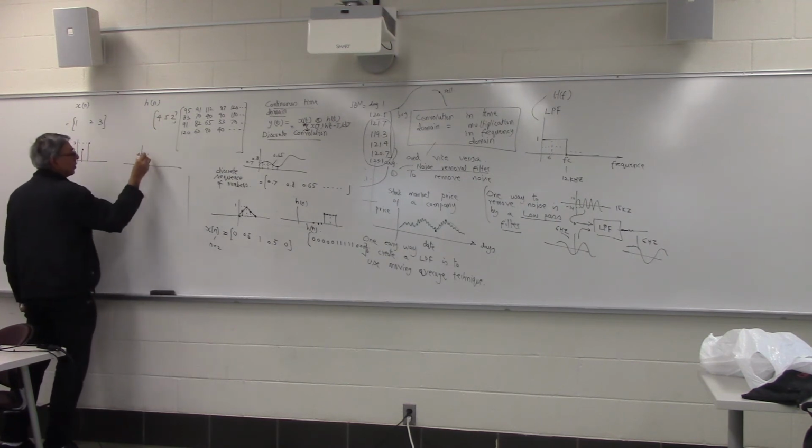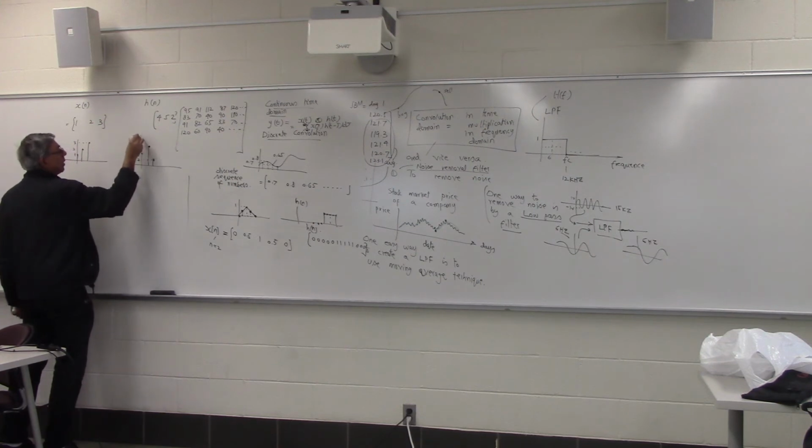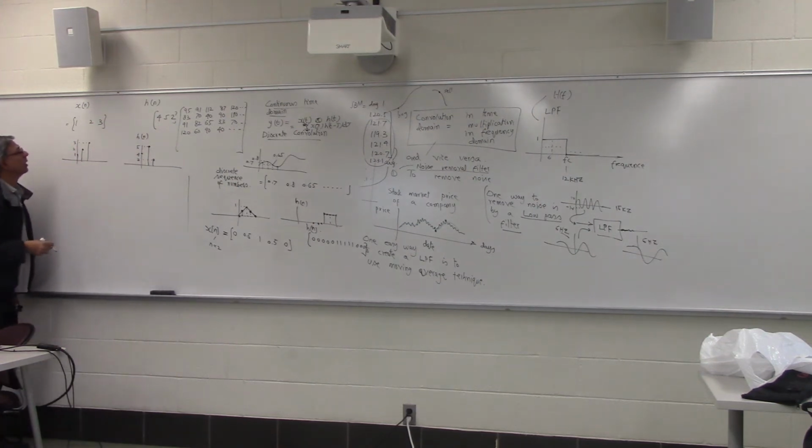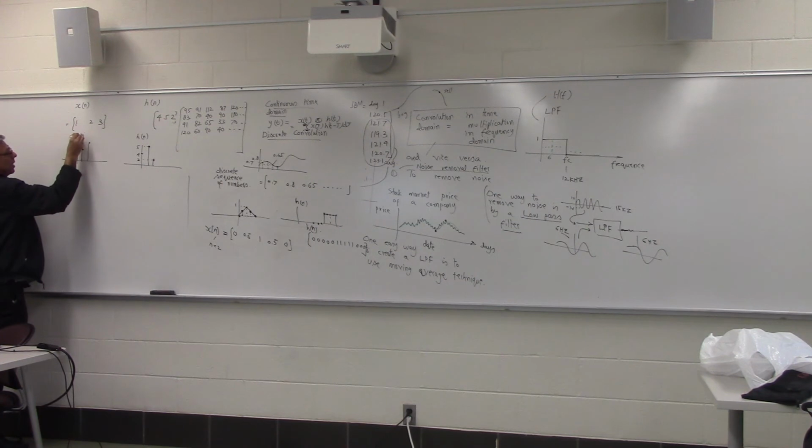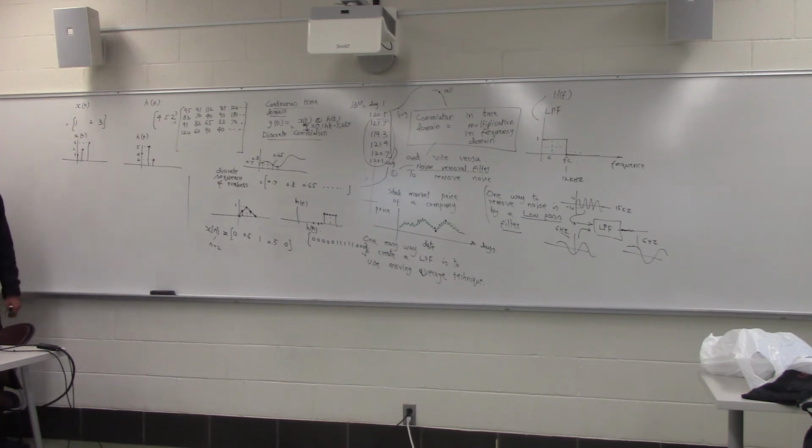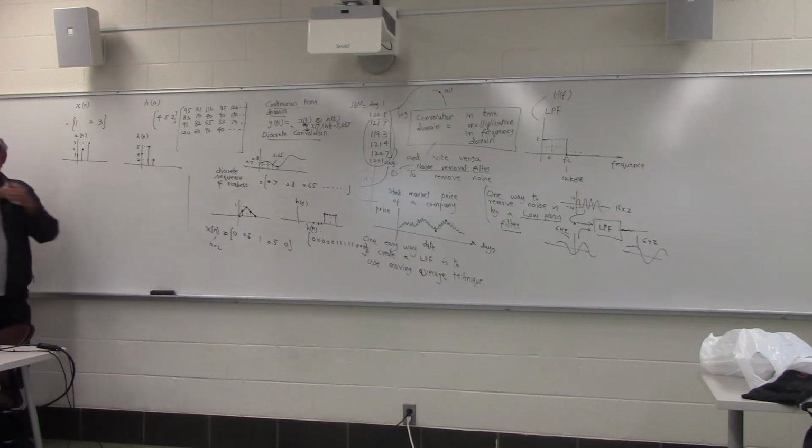So this is 4, this is 5, and this is 2. Let's pretend this is h of n, and this is x of n. So once again, we flip it, we slide it, and then the integration becomes summation in the discrete world.